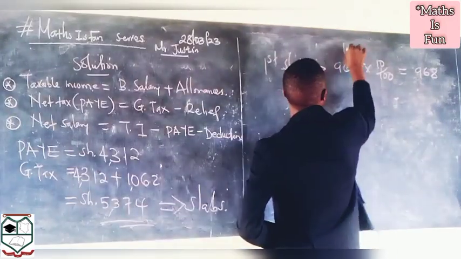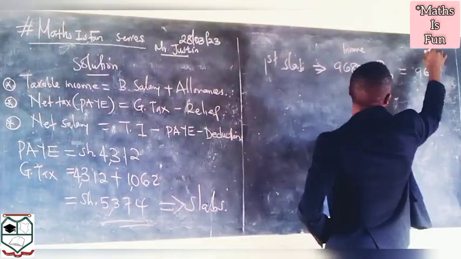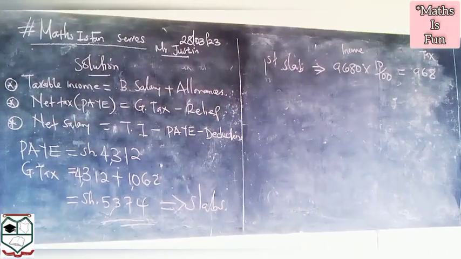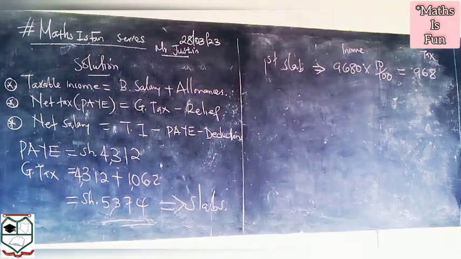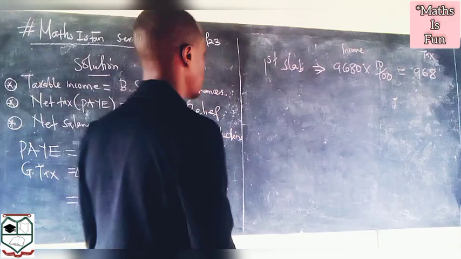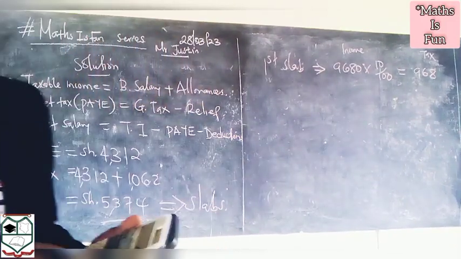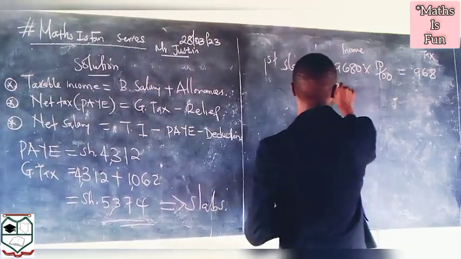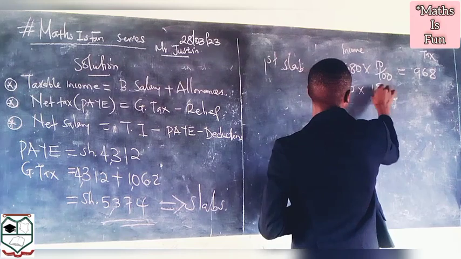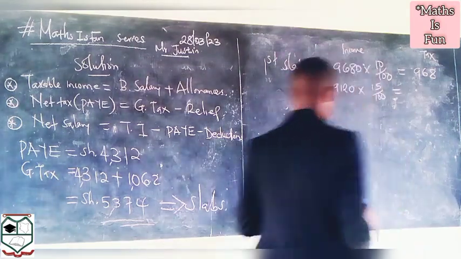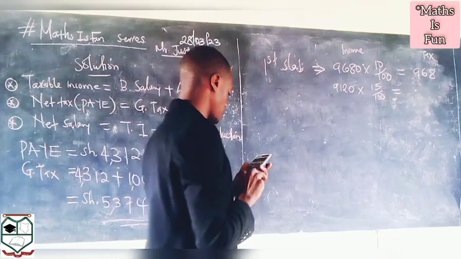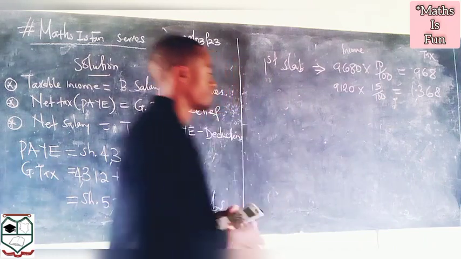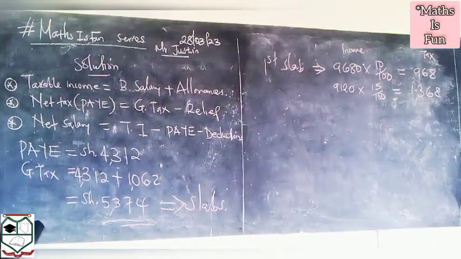Remember, this is the income, then this is the tax. Then in the second slab, the difference is 18,800 minus 9,680. You get 9,120 times 15 over 100. It gives you 1368.